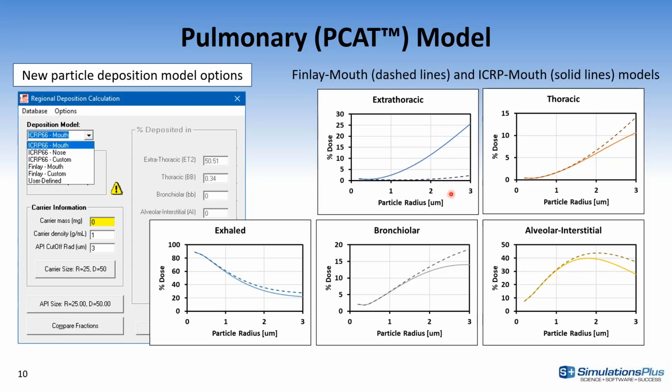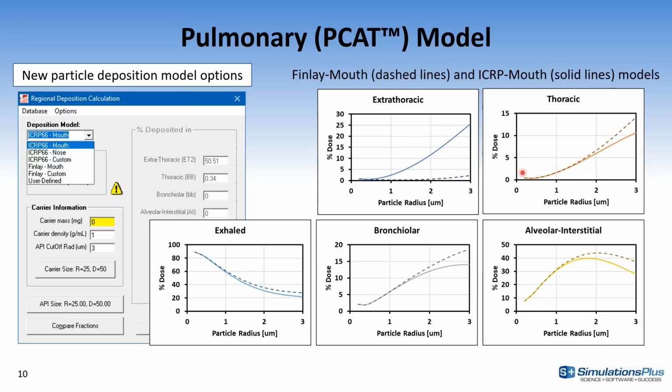So you see that the major difference is really in how much of the drug is predicted to be deposited in the throat, in the extrathoracic compartment, where the ICRP model, the solid lines, and the Finlay model, the dashed lines, in each of these plots, and the ICRP model would predict a significantly larger amount of particles being stuck in the throat compared to the Finlay model.